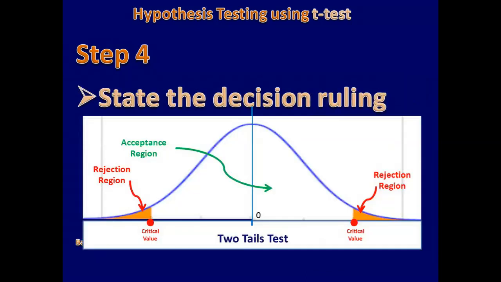Step number 4, we need to state the decision ruling, such as this normal curve, as you can see. So, this normal curve is being utilized to determine whether our null hypothesis is accepted or rejected.